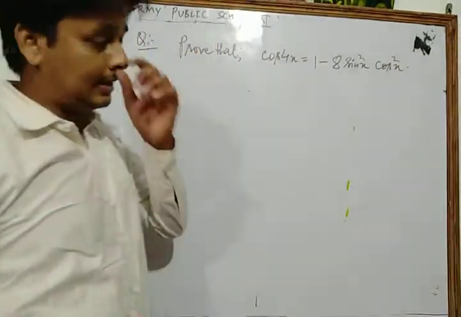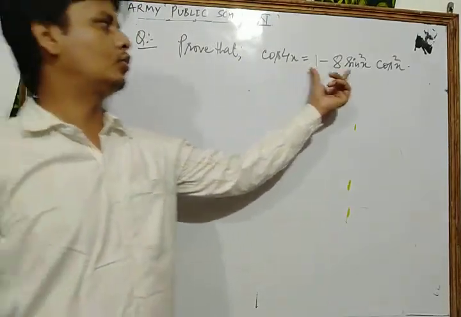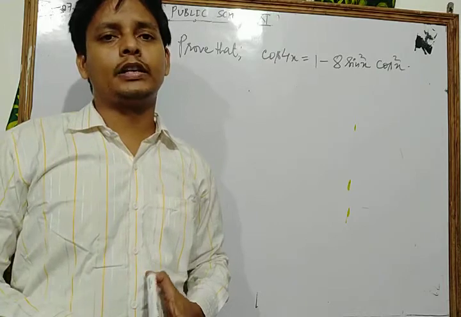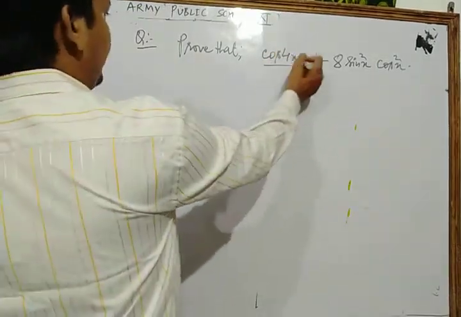This is also an NCERT question, and here we have to show that cos 4x is equal to 1 minus 8 sin square x into cos square x. Okay, now let's see its solution. First we take the left hand side.